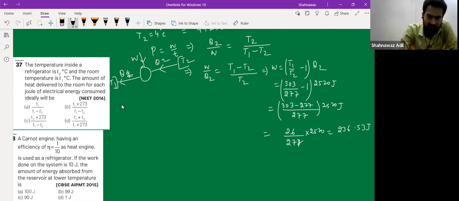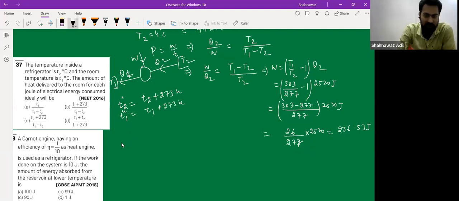First, let us change T2 into what? Degrees Kelvin. So T2 would be T2 plus 273 Kelvin, right? And T1 would be T1 plus 273 Kelvin.